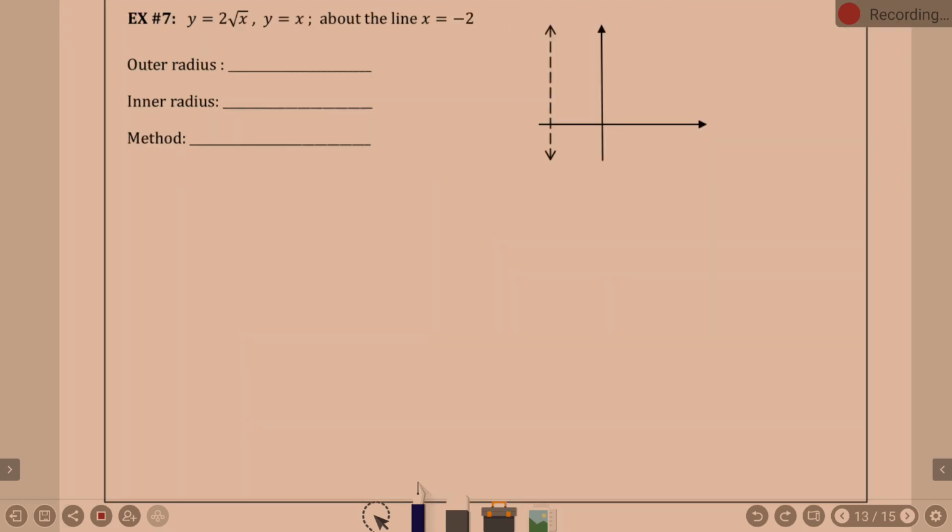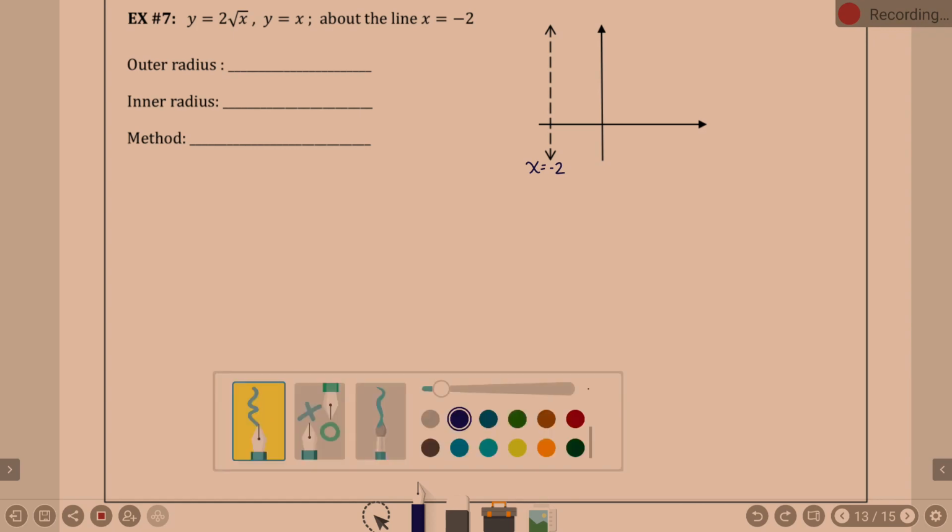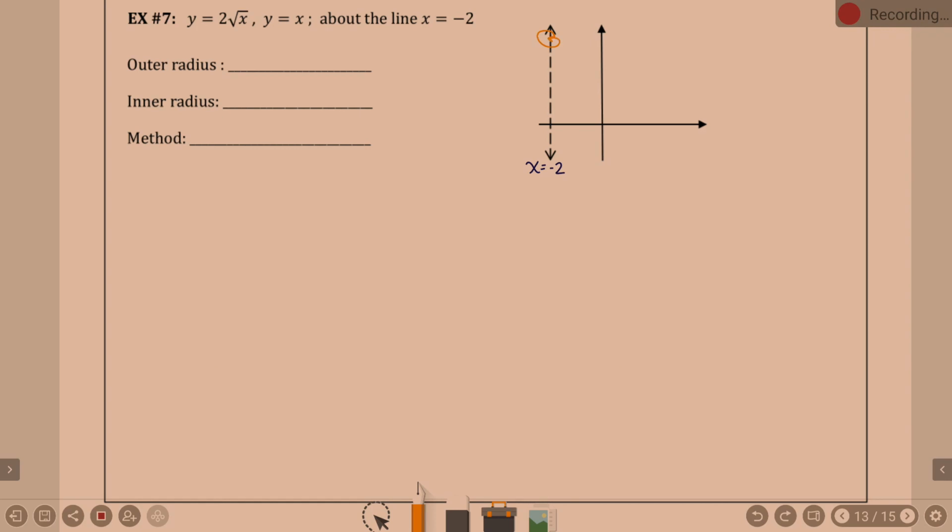Okay. Y equals 2 square root of x, y equals x, about the line x equals negative 2. Let me get this out of the way. 2 square root of x.